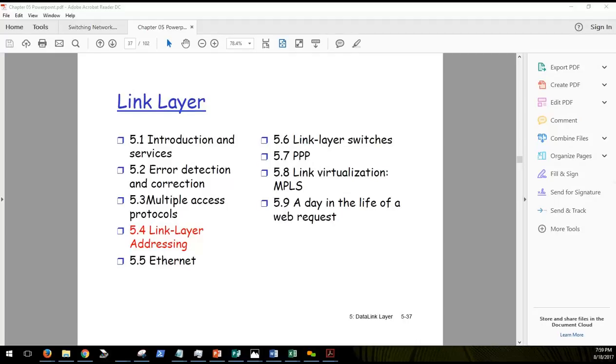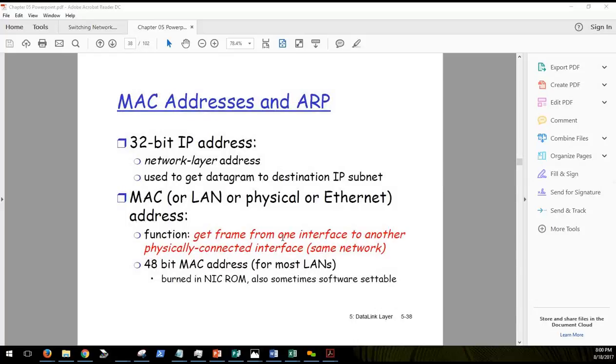All right, so let's talk about link layer addressing. I'm pretty sure he wants you to know this and know it well. This is 5.4. Can we go through this? Oh yeah, we are definitely going through this.